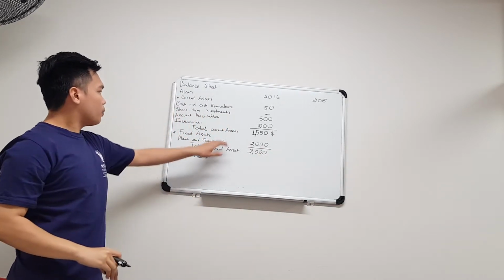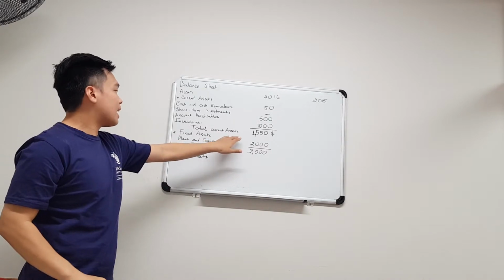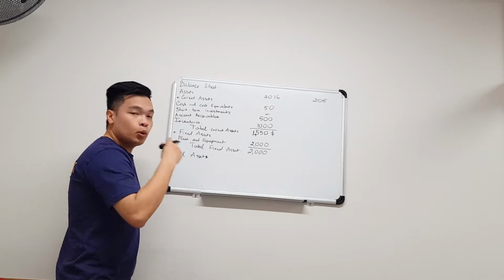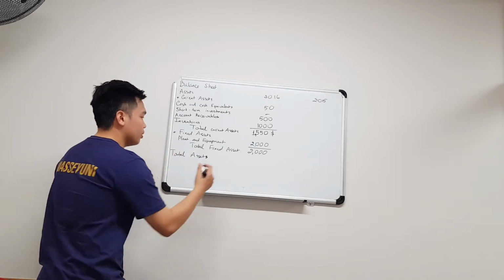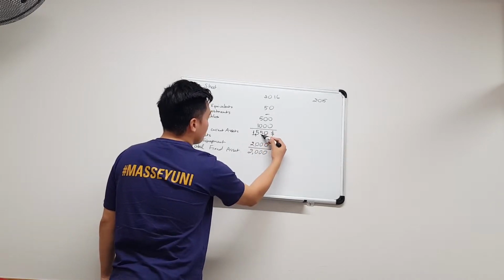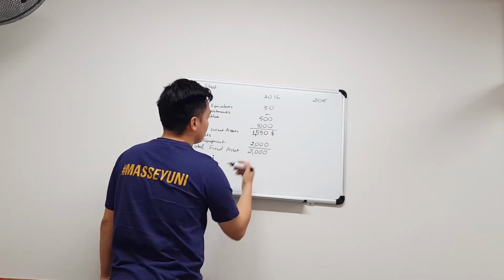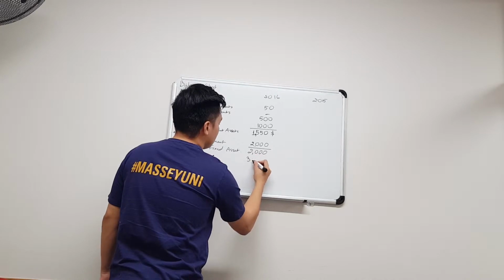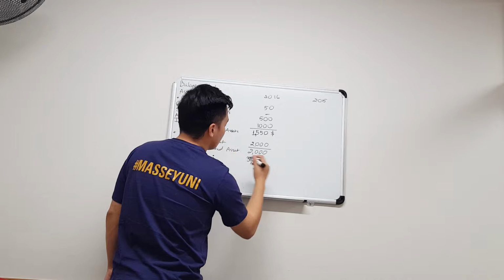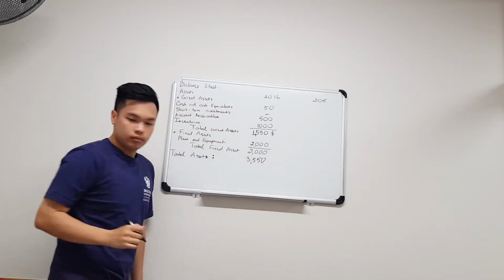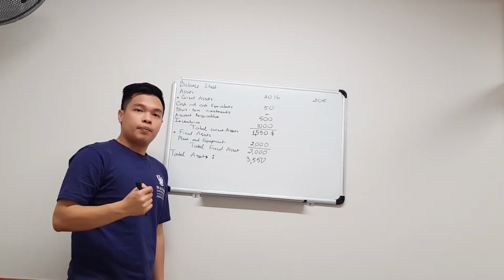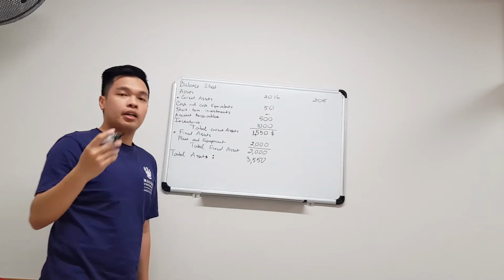Then when we add total current assets and total fixed assets together, 1,550 plus 2,000, we have the total assets of $3,550. According to the book, I'm making an example for you.